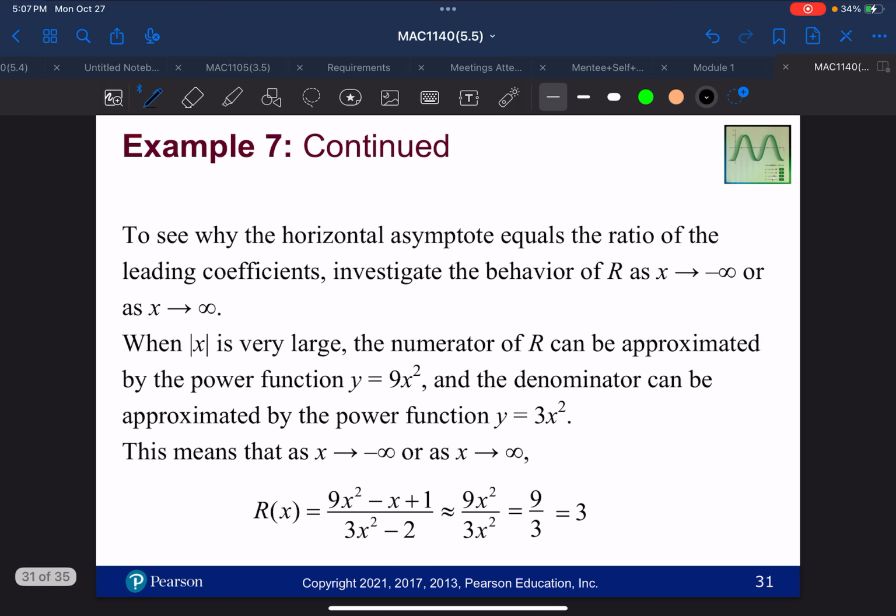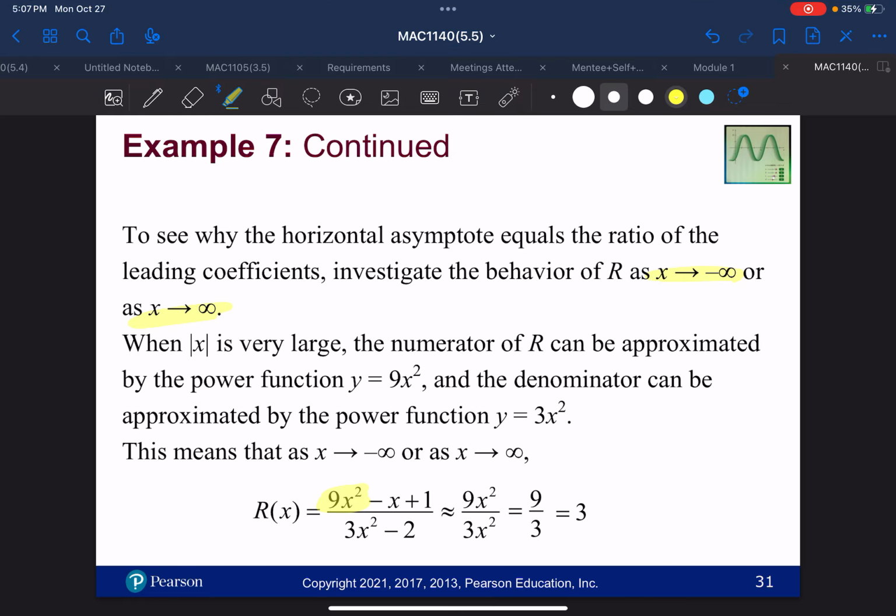Okay, so let's see why that horizontal asymptote equals the ratio of the leading coefficients. So we will investigate the end behavior of this function as x goes to negative infinity or positive infinity. So when the values of x get very large, the numerator of the function can be approximated by the power function, 9x squared.